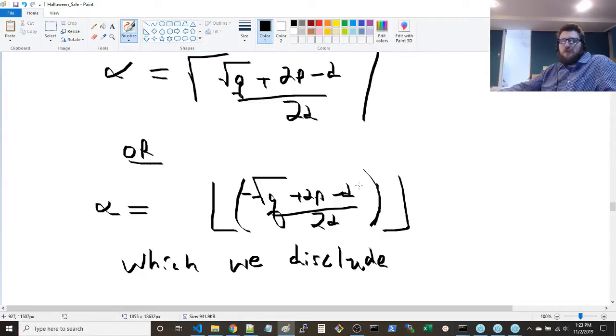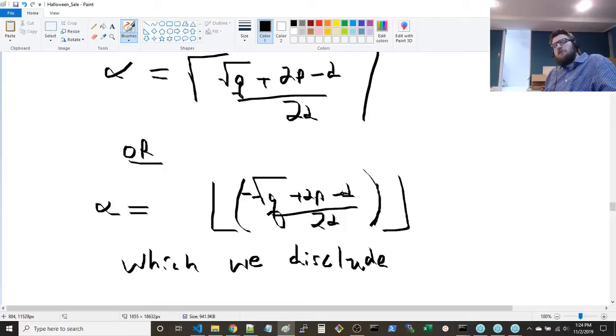We want the largest alpha that satisfies this. Well, it needs to be smaller than this value, 2p minus d. What does this mean?